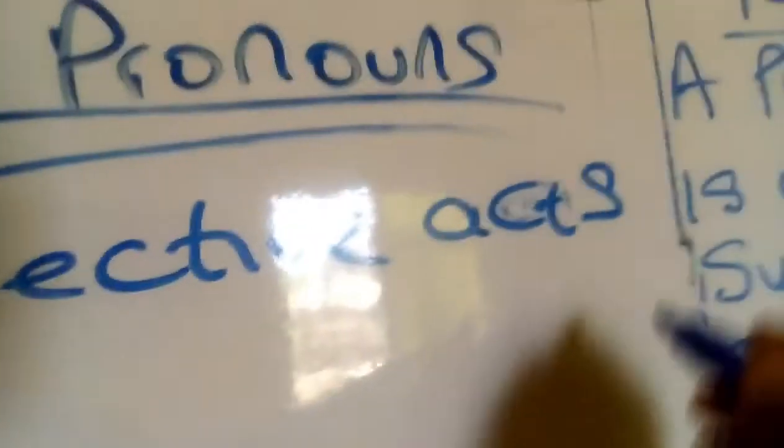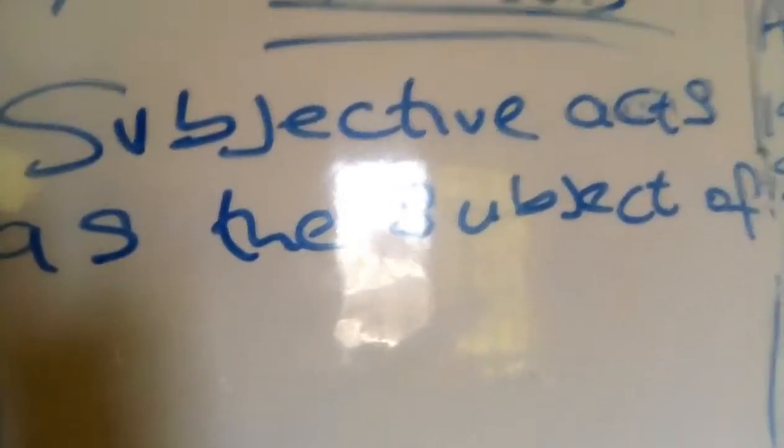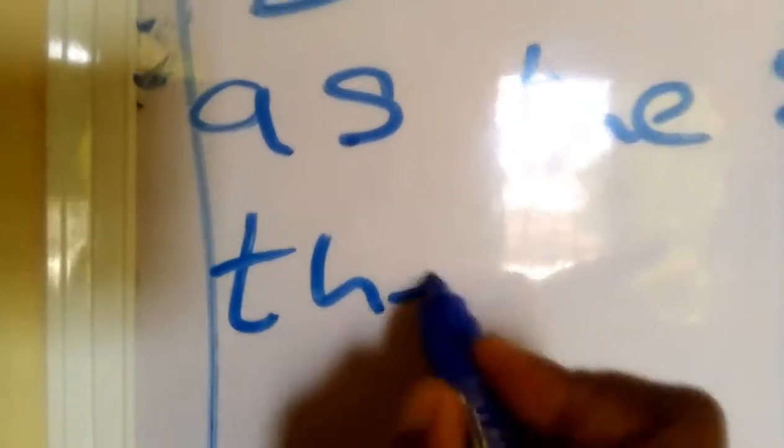Okay, now subjective acts as the subject of the sentence. Subject is the performer of the action.